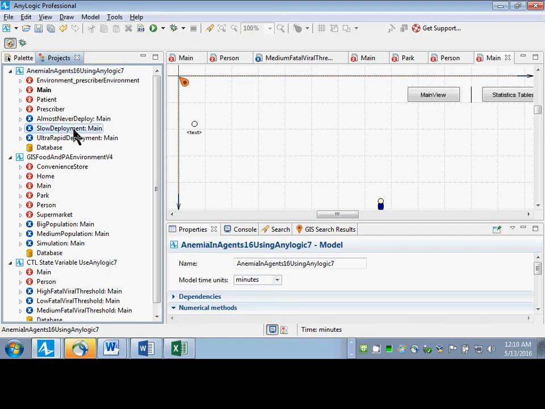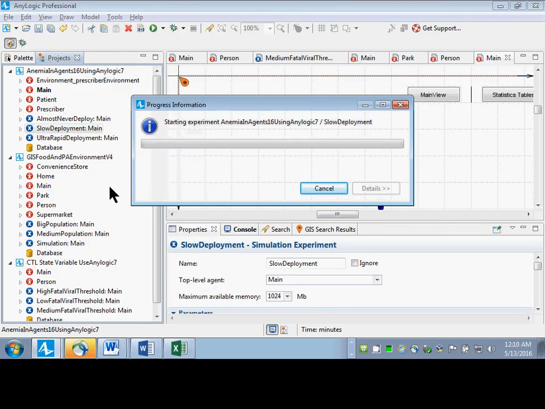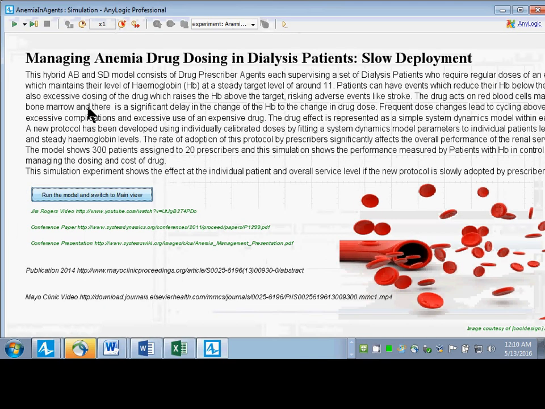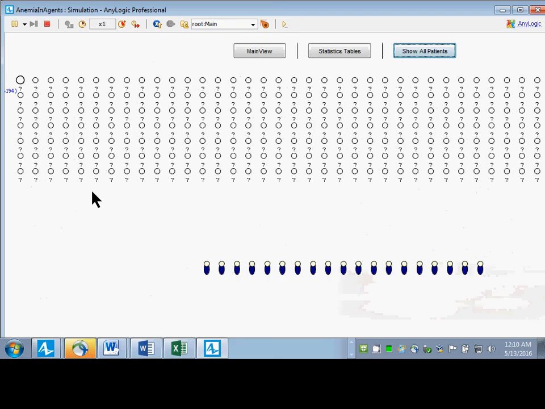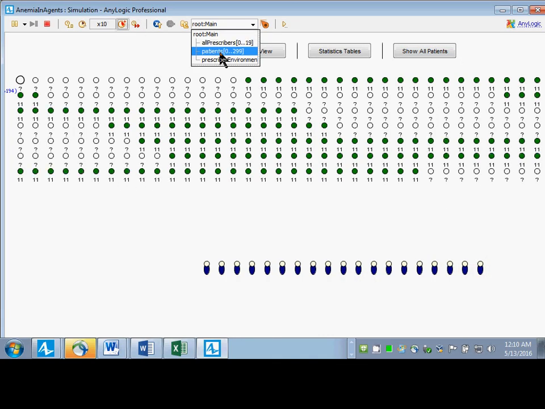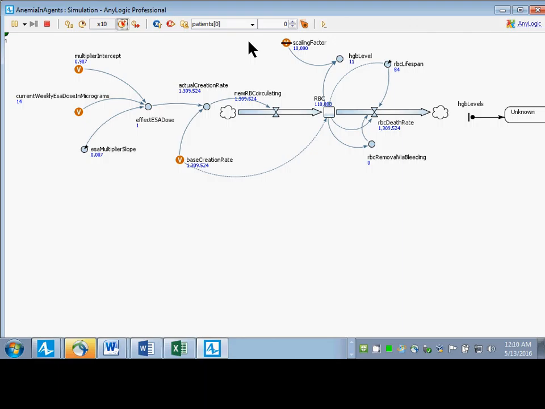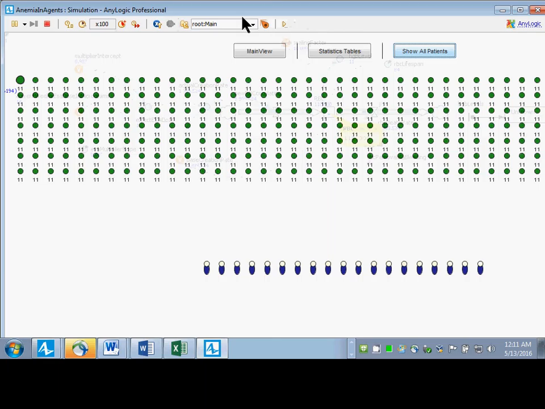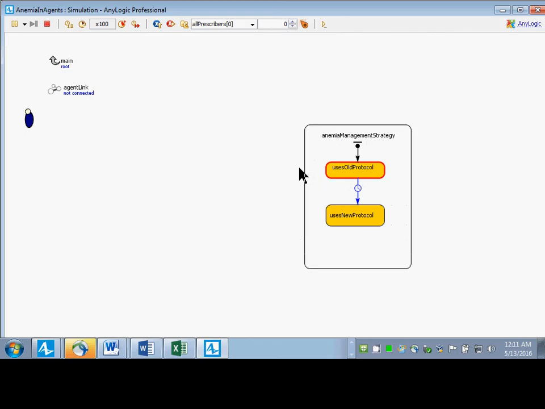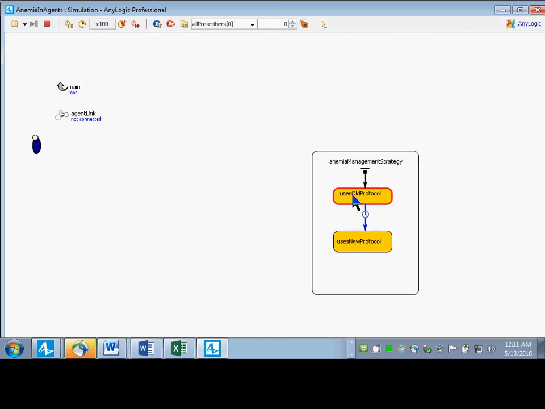So it's a pretty simple model with, again, patients and prescribers, and they can influence each other's way of treating, which protocol they use. So this is people's red blood cells and providers associated with these prescribers. And they have simple states here: uses old protocol, uses new protocol. And then I think this is associated with different sets of patients, as I recall. Yeah, they're their patients, and these are the providers, I think.